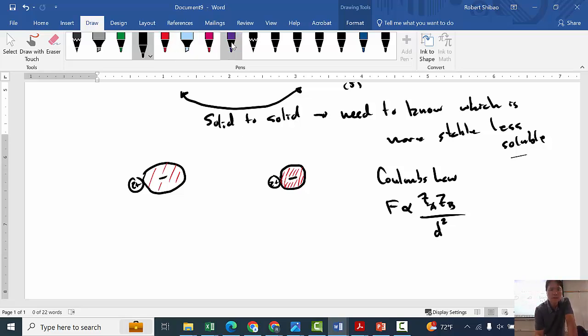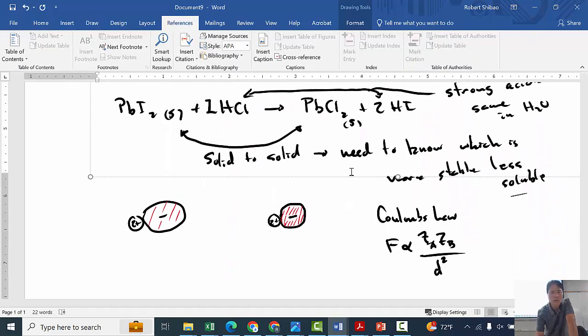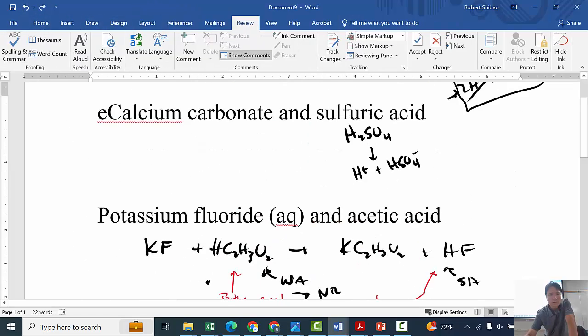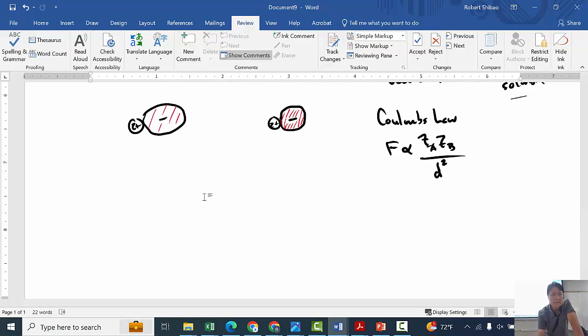And so the distance is kind of weird because the distance between the ions is 0. They're touching. But what we're looking at is this distance.